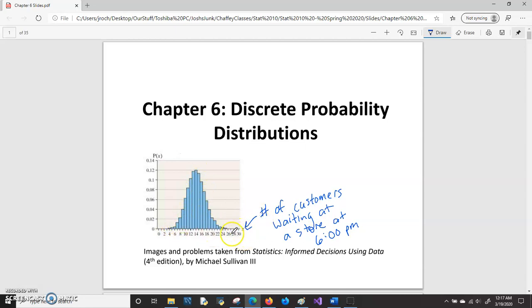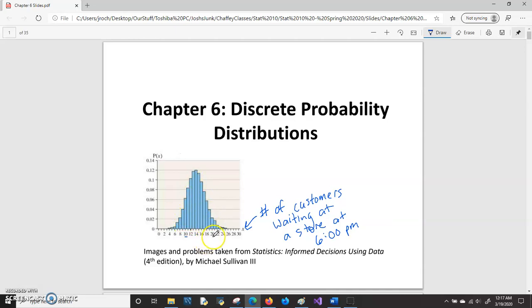And if that's what x represented, then let's say right here, for the 10, that would stand for 10 customers. And if you go up to where this is, it looks like the probability over here is about 0.06. So you would know that the probability of there being 10 customers waiting is 0.06. But we could know other values as well.